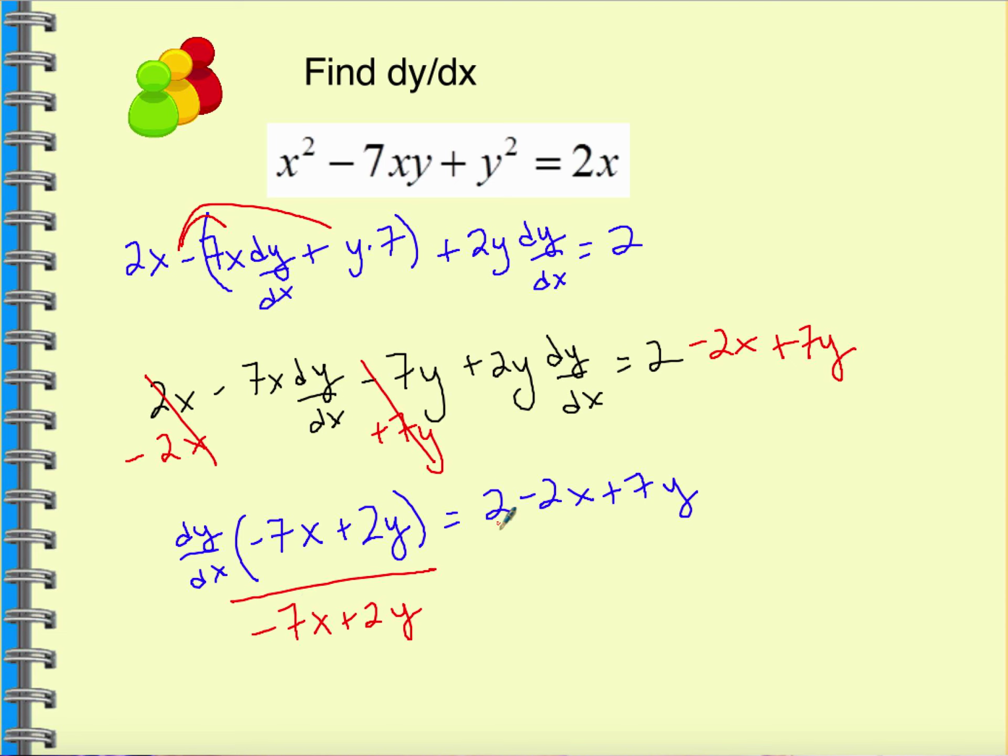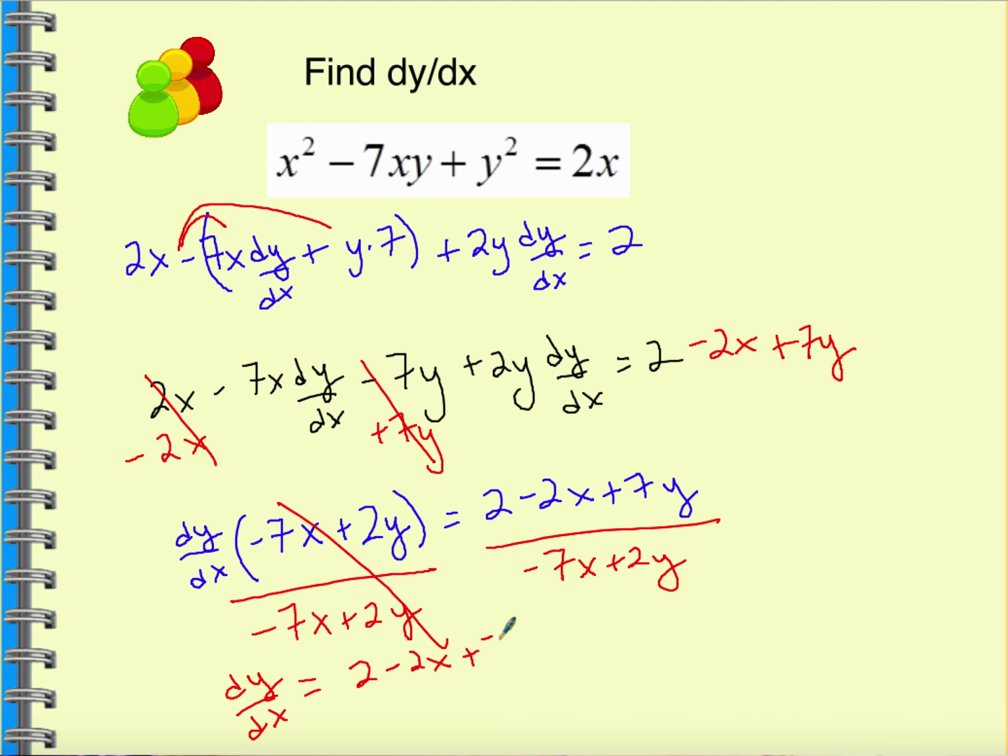I'm going to divide it to the other side, leaving me with a lovely dy dx all by itself. And I've got 2 minus 2x plus 7y, all divided by negative 7x plus 2y. Fantastic. All right, my friends, we only have one left to do.